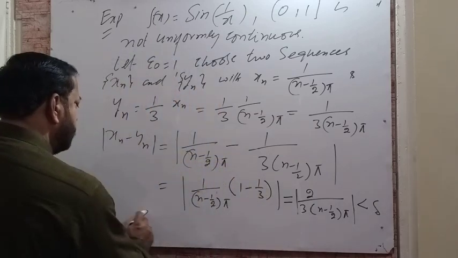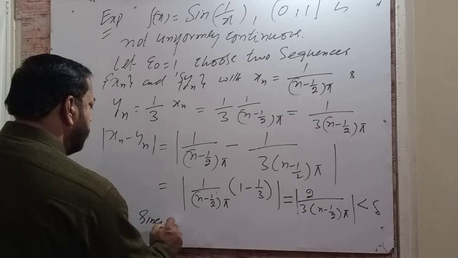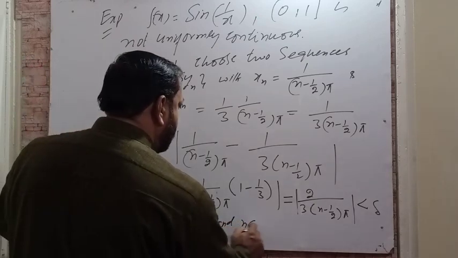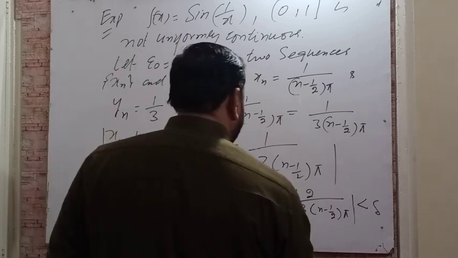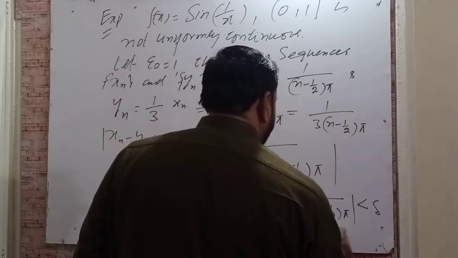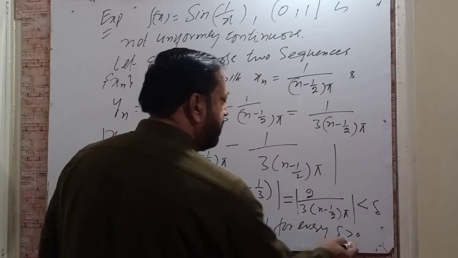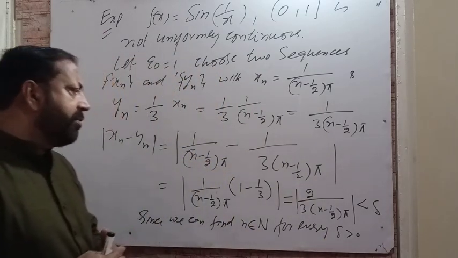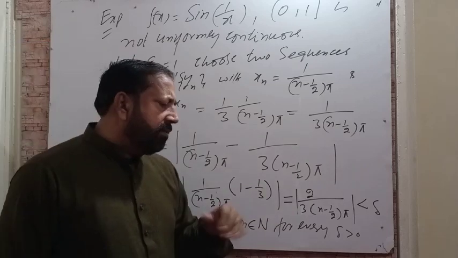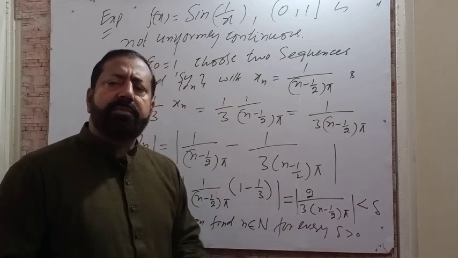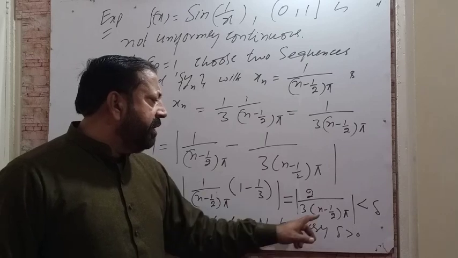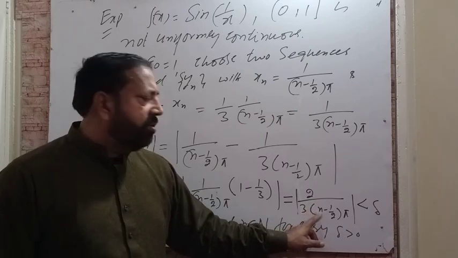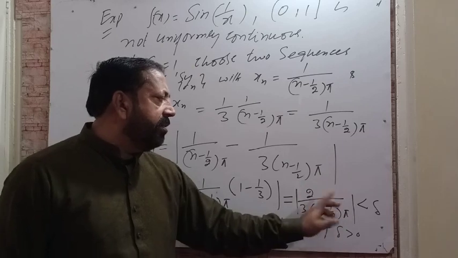Since we can find n belonging to the natural numbers for every delta positive, however small. This is absolutely true: whatever the delta value, however small you are choosing, we can find a very large natural number so that this value will become less than delta.